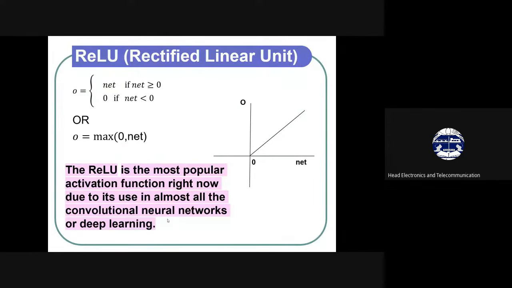Now this is a modified version of the linear activation function. It is called the rectified linear unit, ReLU. It's very popular when you learn deep neural networks. When you see these deep networks, you cannot escape from this ReLU. So what is ReLU?